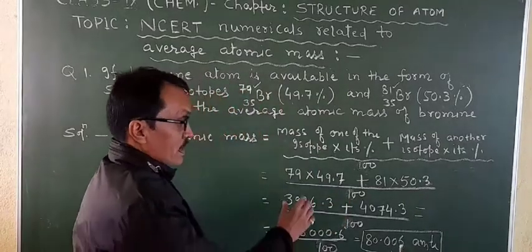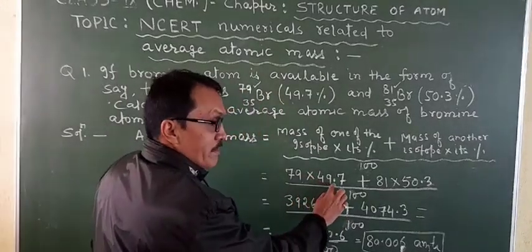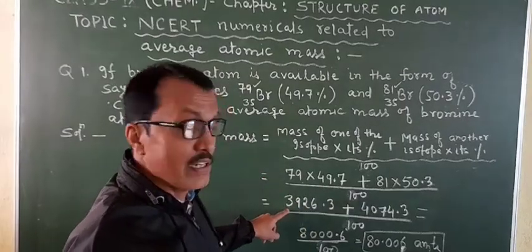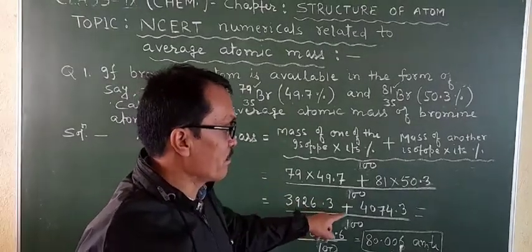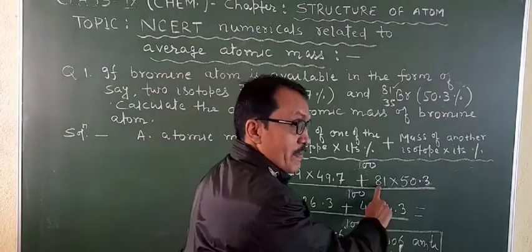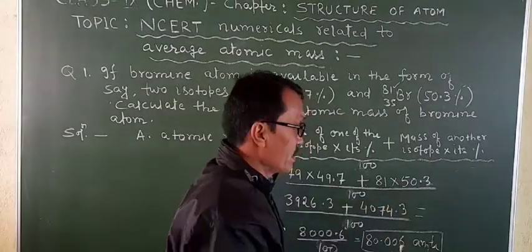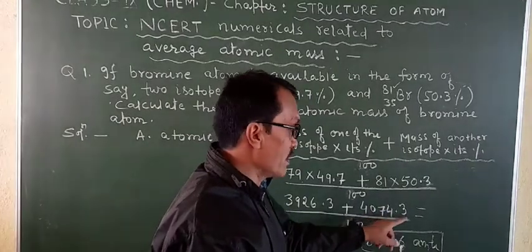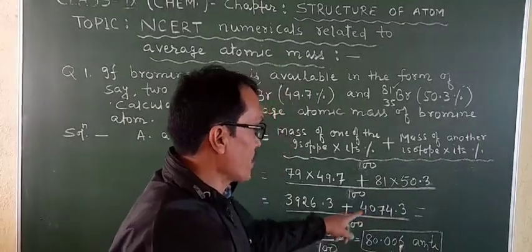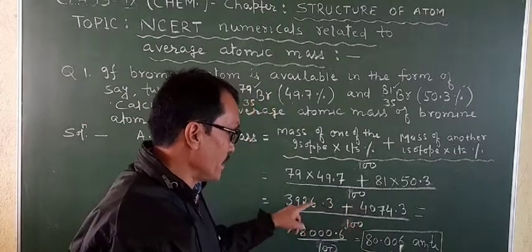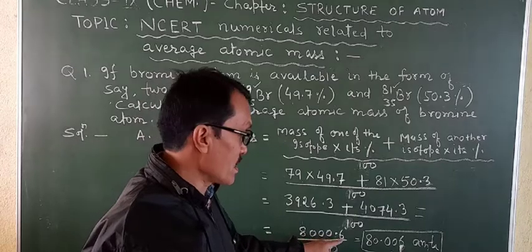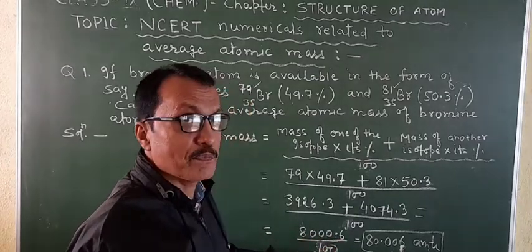Now if you multiply 49.7 by 79, you get 3926.3, plus if you multiply 81 by 50.3, you will get 4074.3, divided by 100. By adding both of these we get 8000.6 divided by 100.